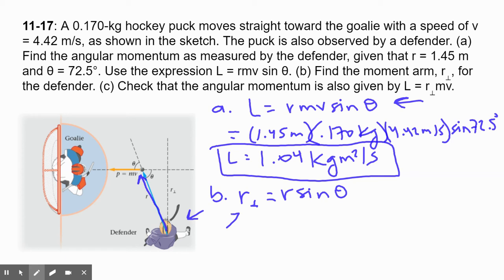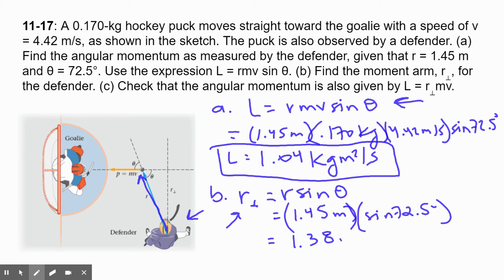Since this is the thing we're calculating, moment arm, we just need the radius and sine theta, which we have both of. Radius is 1.45 meters multiplied by sine 72.5 degrees. So that equals 1.38 meters. Okay, so that part's not bad.